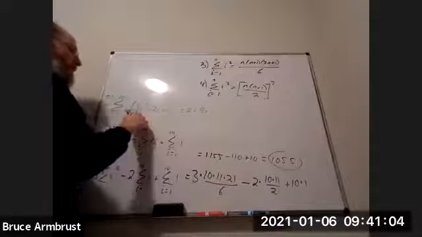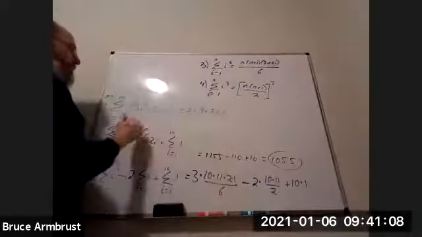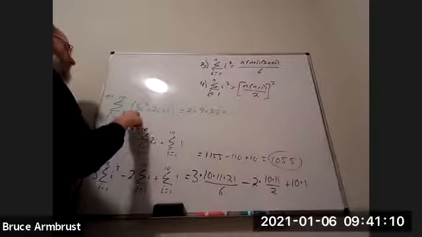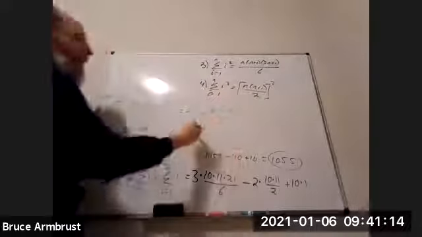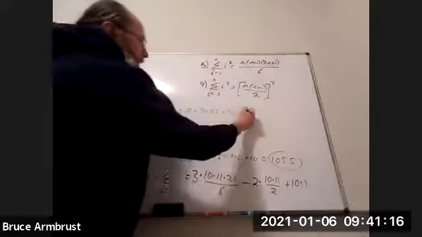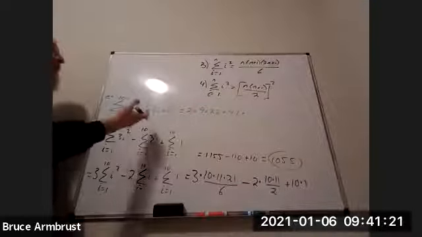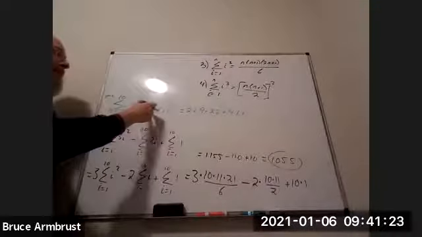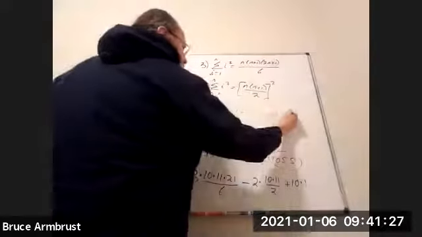When I plug in 3, 27 minus 6 plus 1 is 22. Plug in 4, 48 minus 8 plus 1 is 41. I've only written out the first 4 and I'm already tired of this. When I finally get to the 10th one, I get 300 minus 20 plus 1, which is 281.